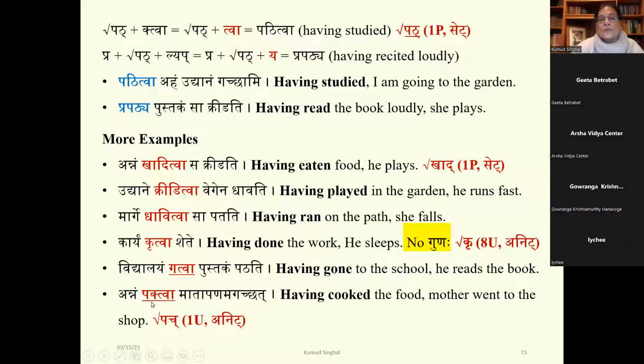Remember this, you have paktum, so the same way, paktva. Mata apanam agachat. Having cooked the food, mother went to the shop. So pach is paktva, gam gatva, kra kritva, dhavitva, kriditva, khaditva.